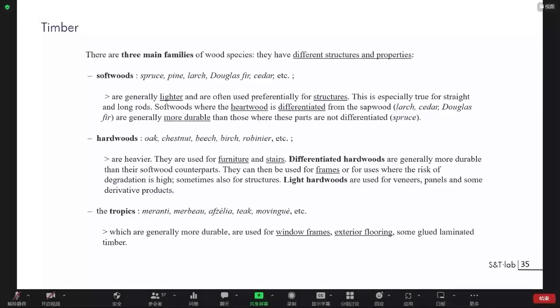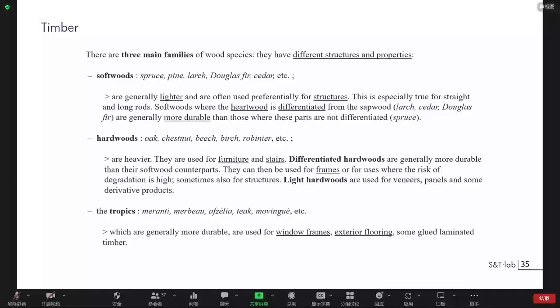We can see that depending on the family you belong to, between softwood, hardwoods, or tropical timber, you will have different uses. Most of the time softwood will be lighter, quite resistant, and preferably used for structures. So framing, trusses, and so on will be made most of the time with softwood.